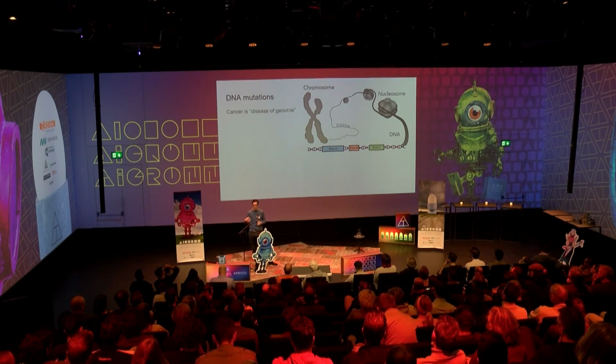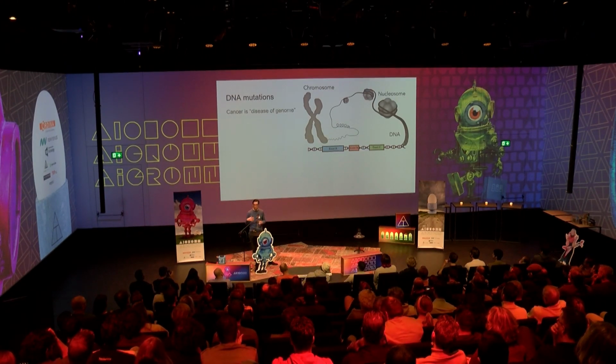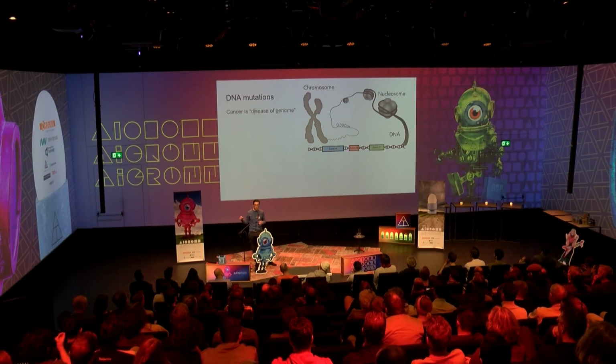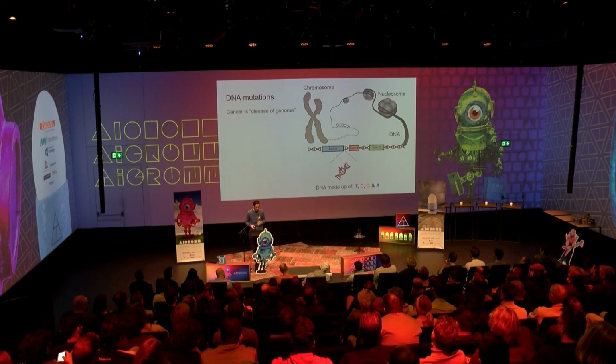Your cells all have a bunch of chromosomes, and they are actually just very large strands coiled up around small proteins. And when you unpack this, it turns out that this is just a sequence of letters, and some parts are coding, and these are called exons, and some parts are non-coding. And this entire sequence is made up of A, C, T's, and G's.